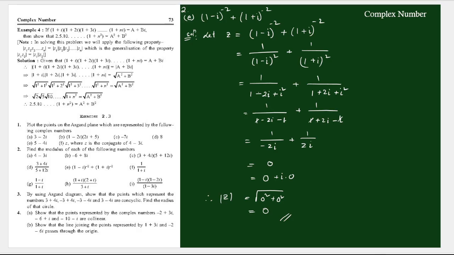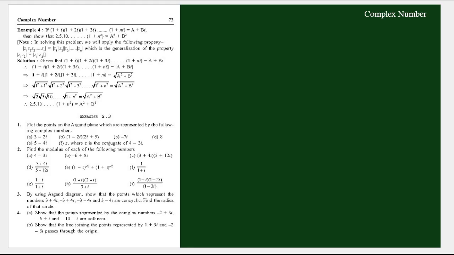If it passes, then you write down these 3 points pass through the origin. You write it down. Then we'll proceed to the next question.